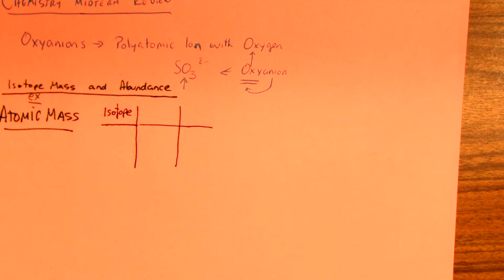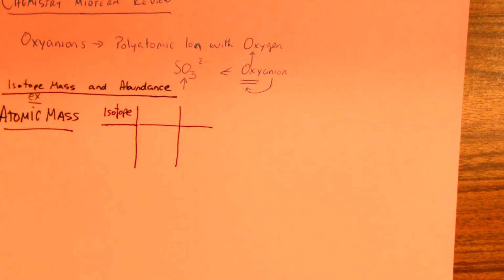Not necessarily its number, but what subatomic particle? The proton. So you got to change something. And when you're dealing with isotopes, we're not changing electrons. We change electrons when we're talking about ions. We're losing, gaining, or sharing. So when we're talking about isotopes, we're talking about losing neutrons or gaining neutrons, whatever it is.